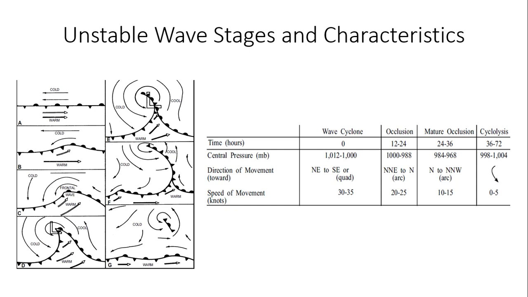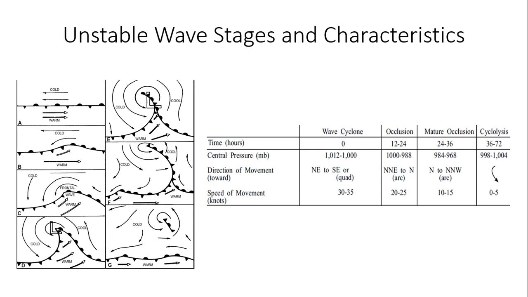And you'll notice the direction of movement as well is indicated, as well as the speed of movement. These wave cyclones start off moving fairly quickly, but then as the cyclonic circulation increases, you notice how they slow down. Initially with the wave cyclone, the speed of movement may be 30 to 35 knots.